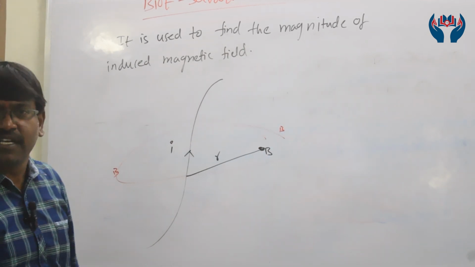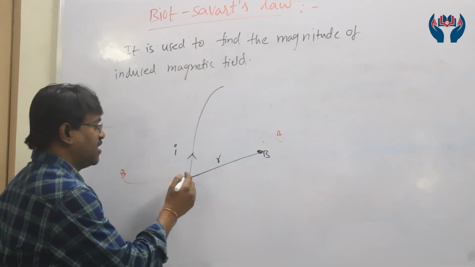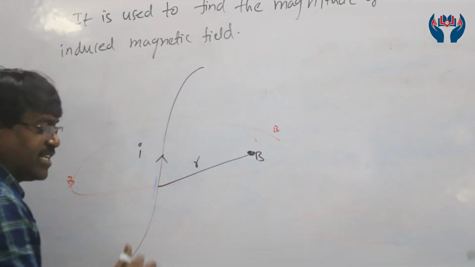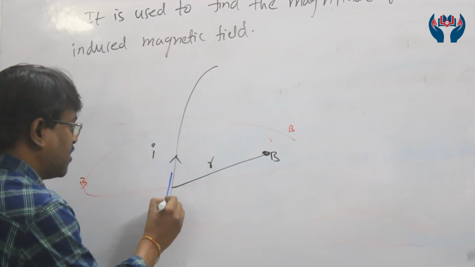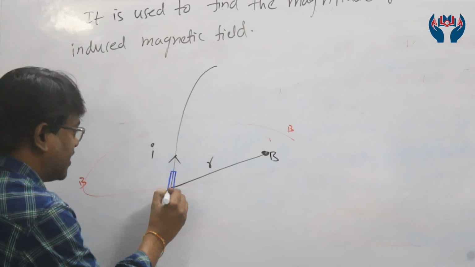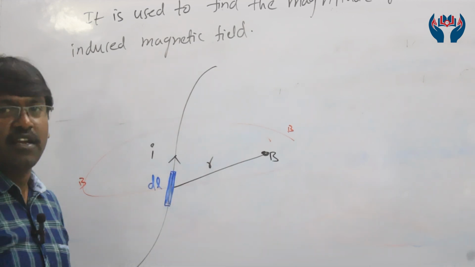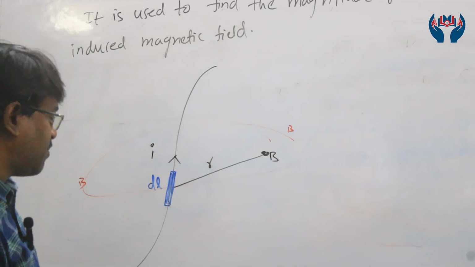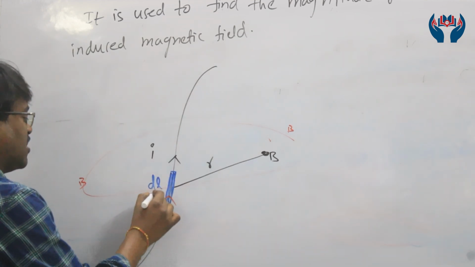So we have to consider an elemental length, a small part of the wire. The length of this part is considered dl. The same current I is passing through this conductor.